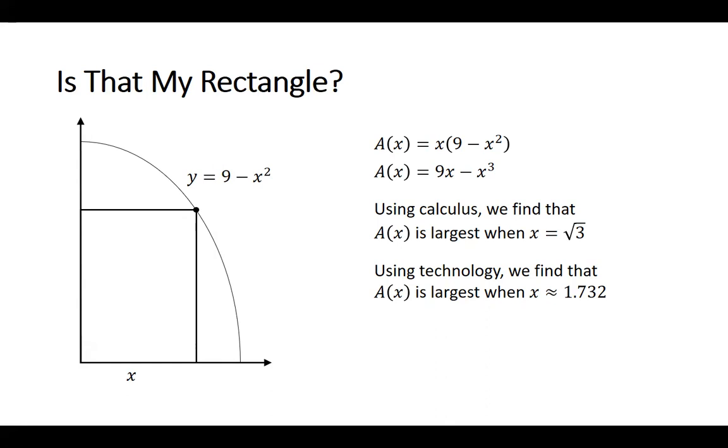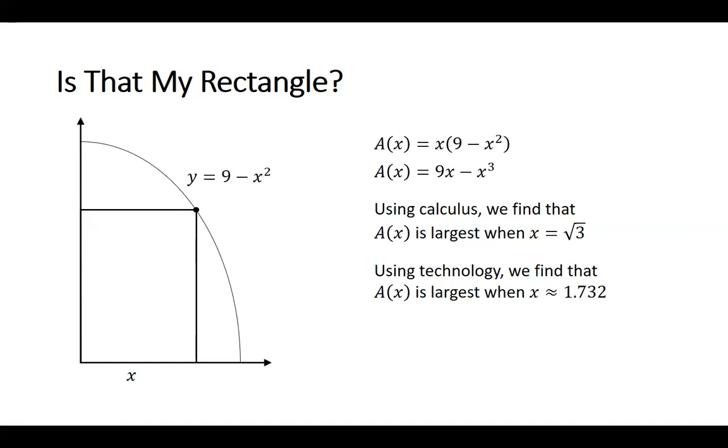So obviously x has to be a positive value because you can't have a side with a negative length. It cannot be 0, because if the length of a side is 0, we don't have a rectangle, we just have a line. So it's got to be greater than 0.